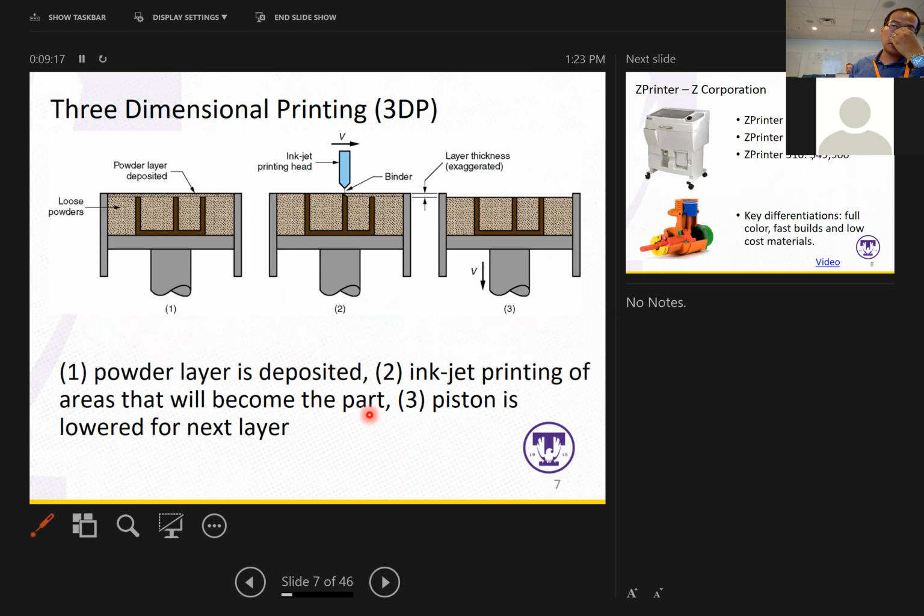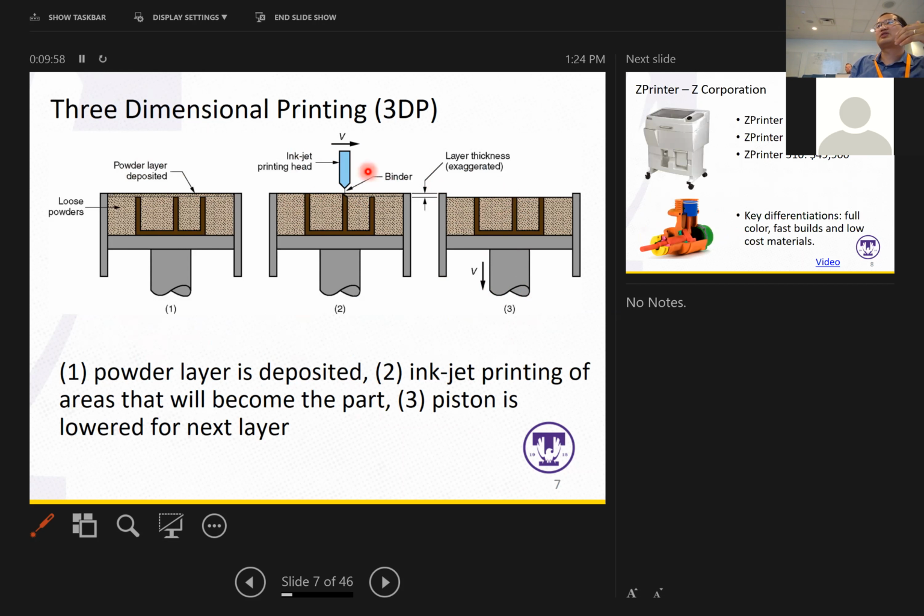So here is another illustration of this process, right? So you can see the powder layer is deposited onto the existing layers, and then the binder will be added to the region of the layer, and then this mechanism will go further down by the amount of the layer thickness, and then another layer of powder will be deposited onto here, and then again the binder will be put there.